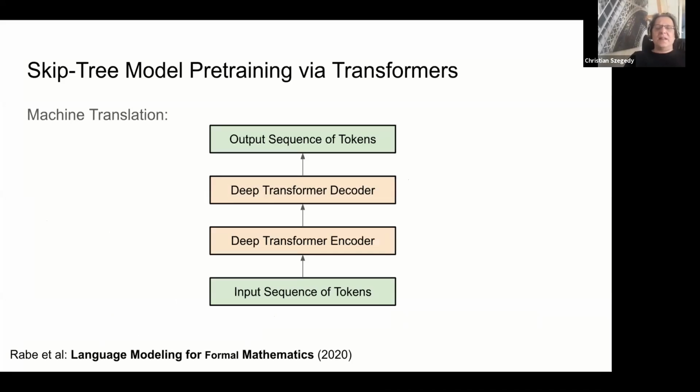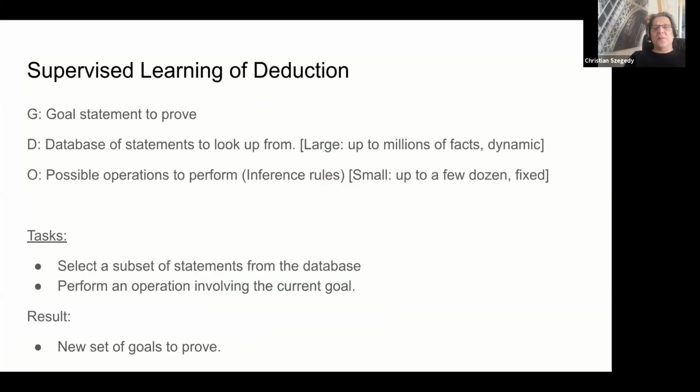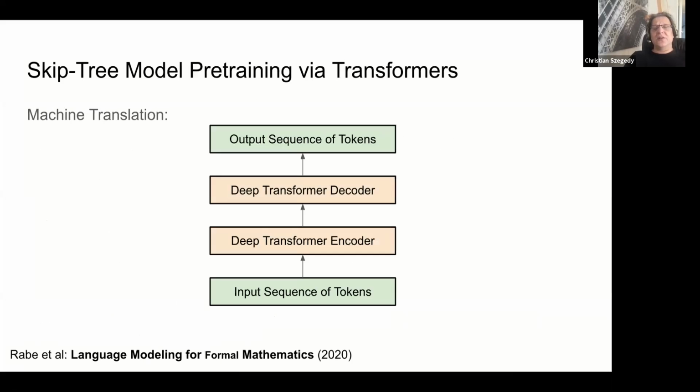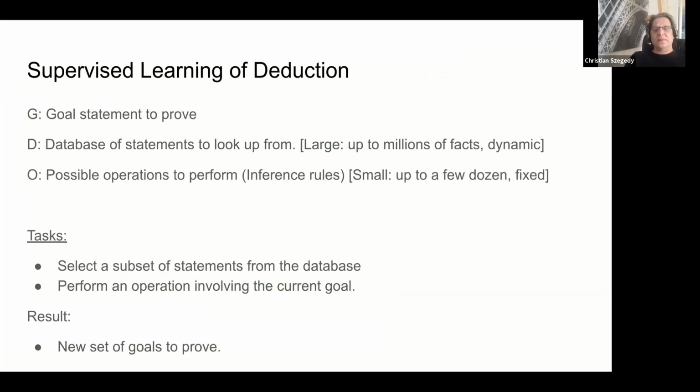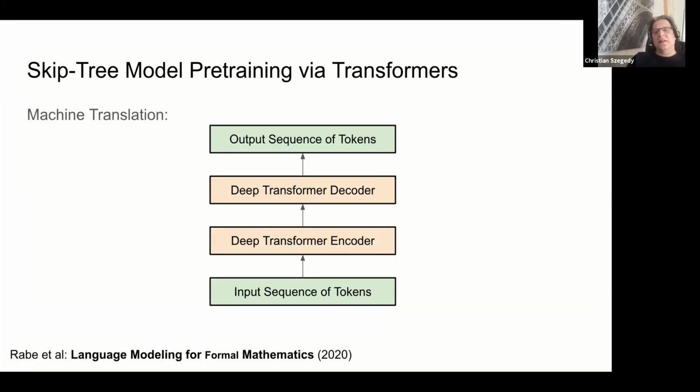Okay, so that's a very interesting question. How can we do pre-training that is suited for mathematical modeling? The idea here is a slight modification: I don't drop words, we drop subtrees from the formulas. This is a paper from Google Research.